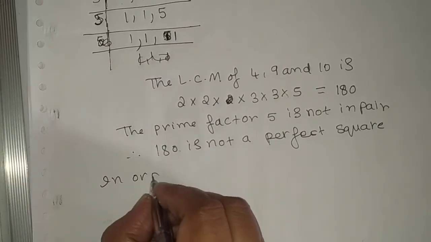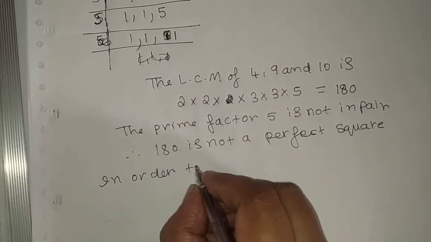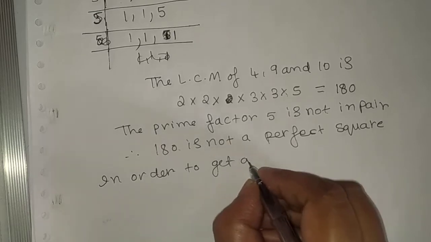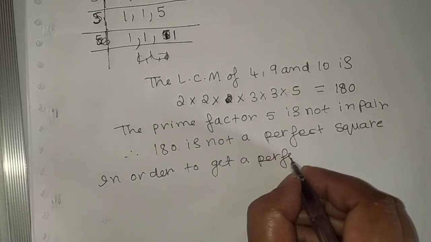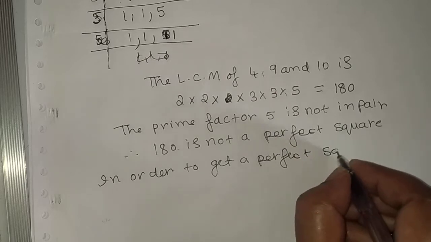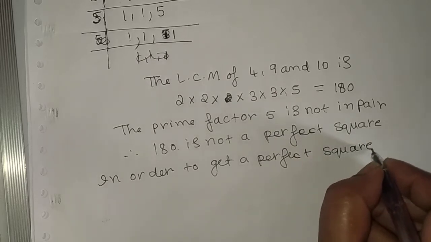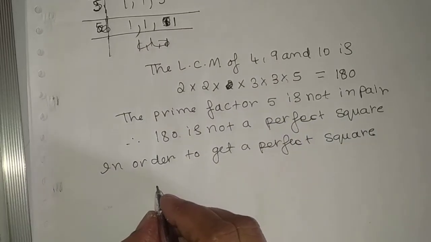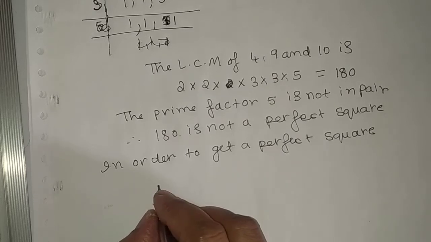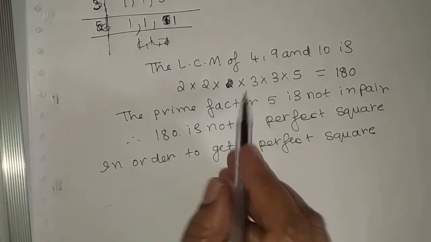In order to get a perfect square, each factor of 180 must be paired.